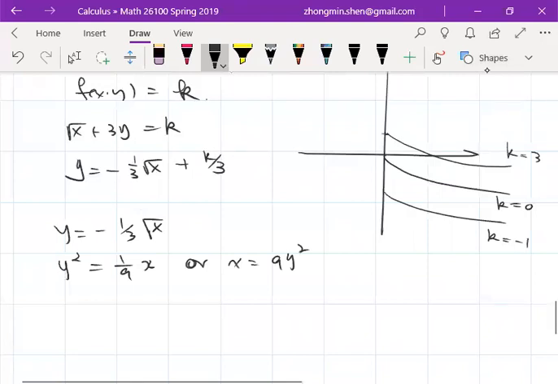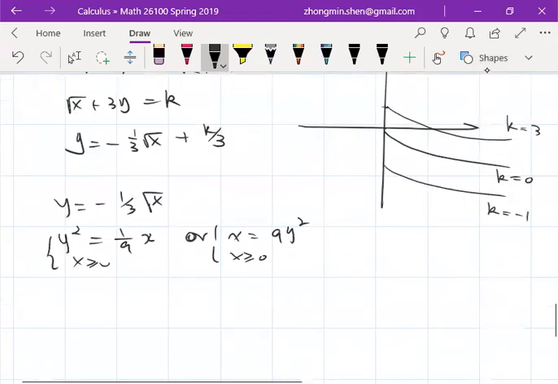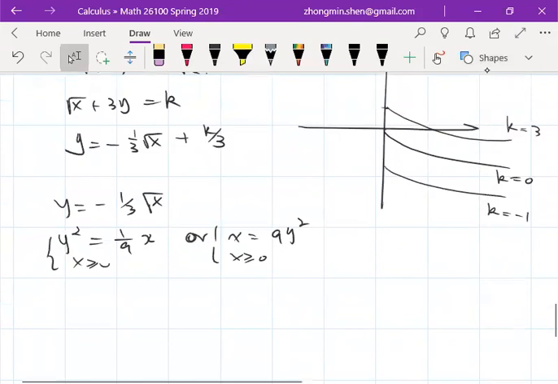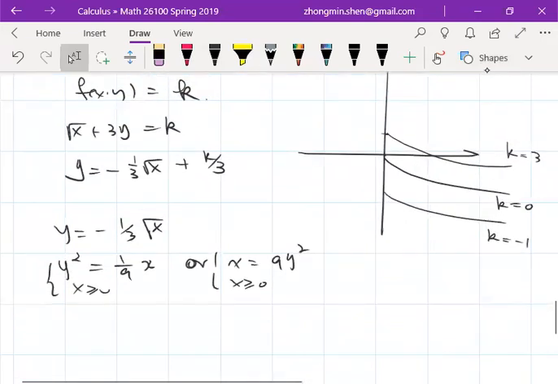This is a parabola that opens to the right. That's why it looks like it, but it's only half of the parabola, since x cannot be negative. So the above equation is equivalent to the following equation with a restriction on x. y can be negative or positive, but x cannot be negative.